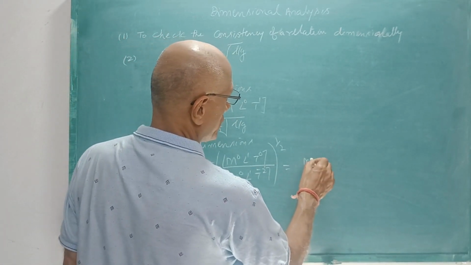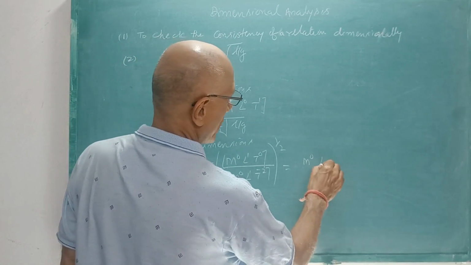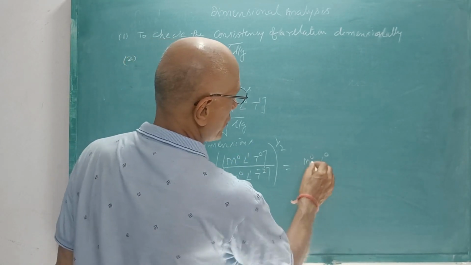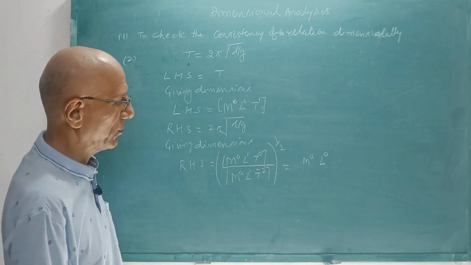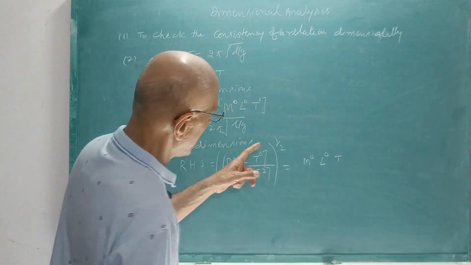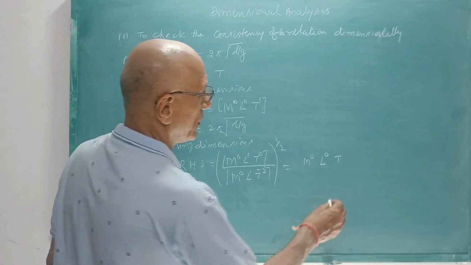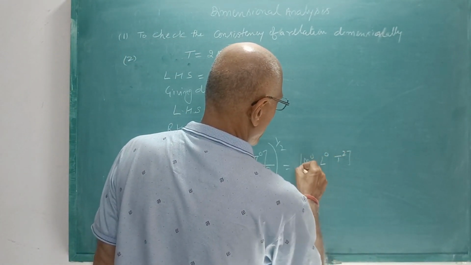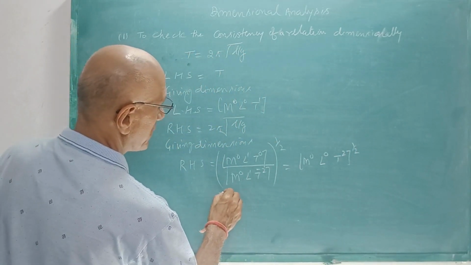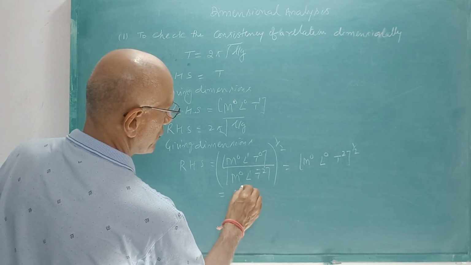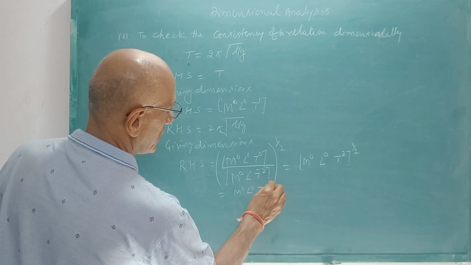So here, according to the law of indices, when they are divided, the powers are subtracted. So M0 minus 0 will remain 0. L1 minus 1 is 0. And then T is 0 minus minus 2, that becomes 2, and the power is half.